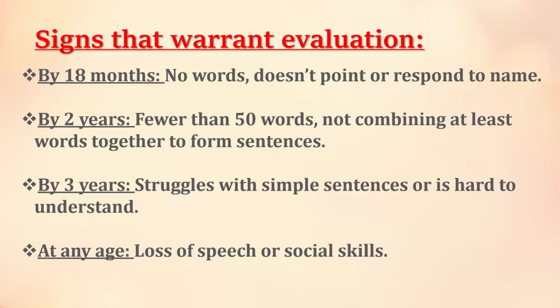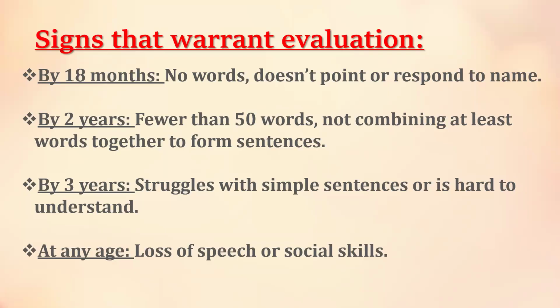Signs that warrant evaluation. If by 18 months a child has no words, doesn't point, or respond to their name, it is a sign that warrants further evaluation. If by 2 years old, the child has fewer than 50 words, is not combining at least 2 words together to form sentences, this warrants further evaluation.